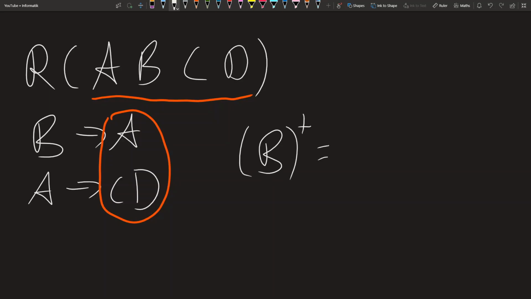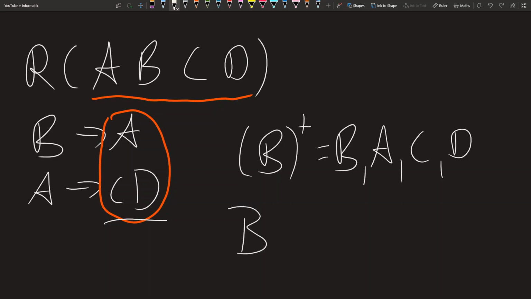So B is determining itself, B, also A, and there we have CD. So B is our candidate key in this example. Why can't we have A? Because with A we only get C and D. So this time it's B. Next one.